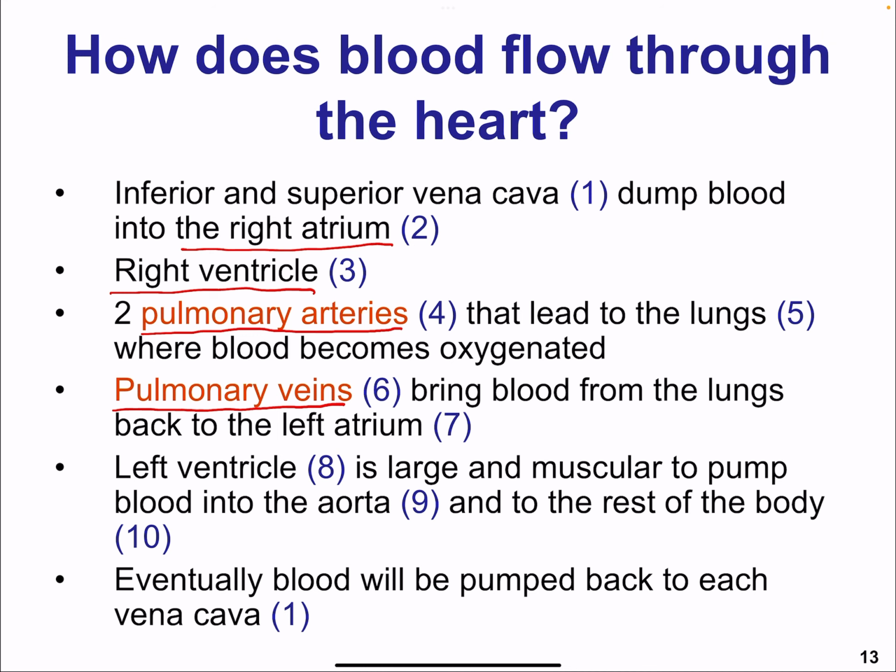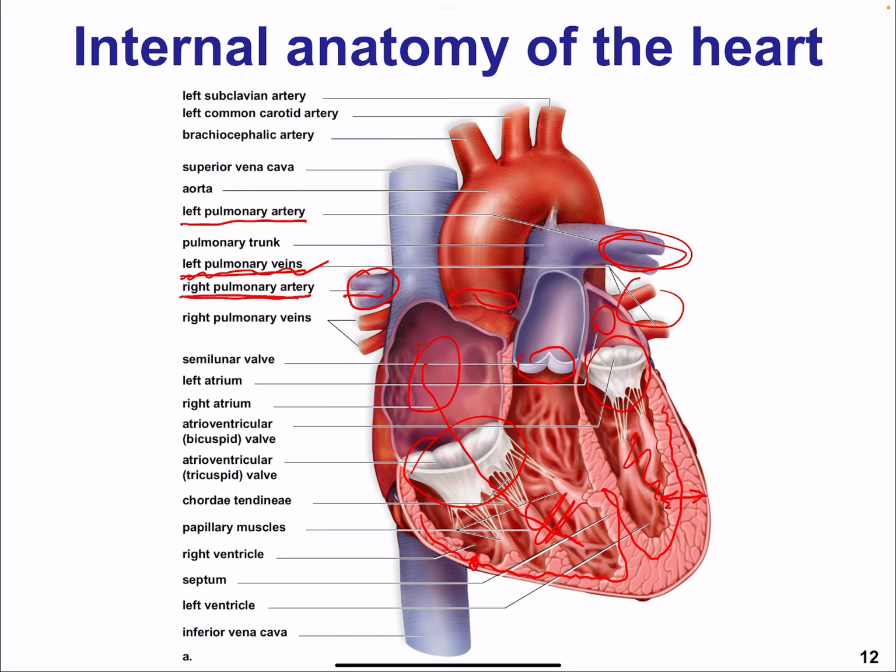In the left atrium. So let me take you here. So the blood is now going to come to the heart through this blood vessel here, the right pulmonary vein, and here the left pulmonary vein, right?